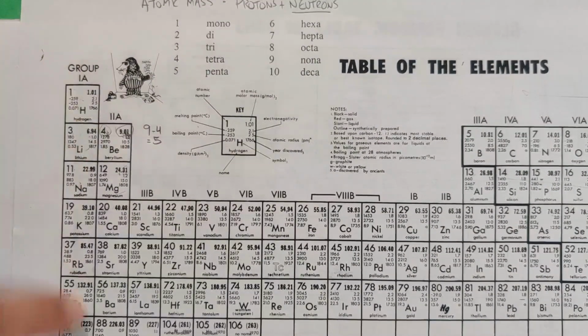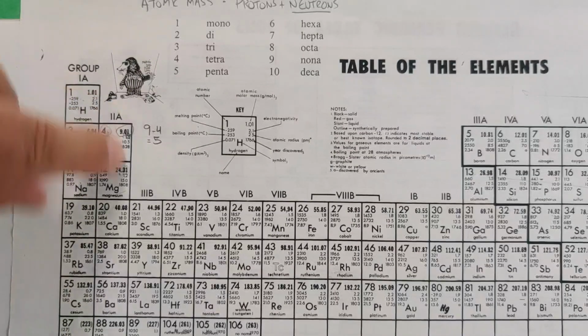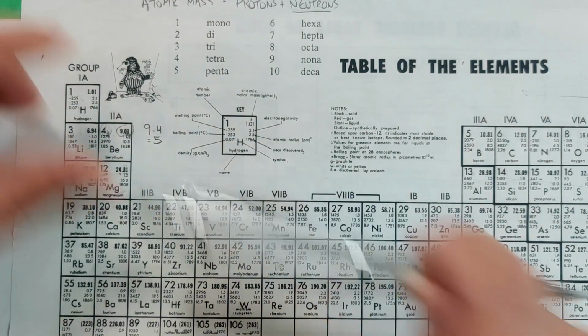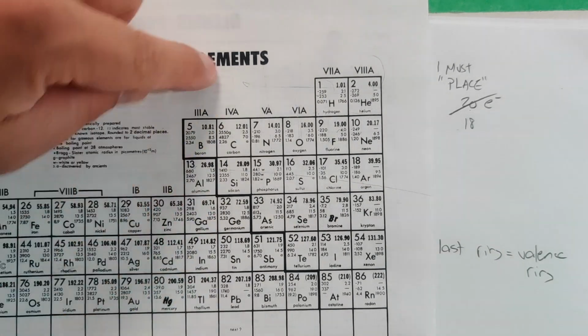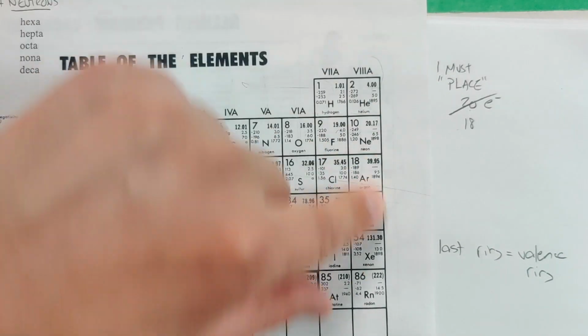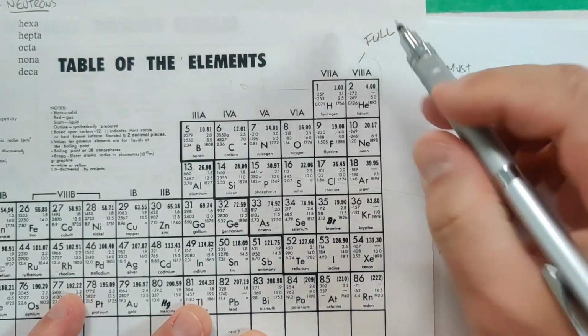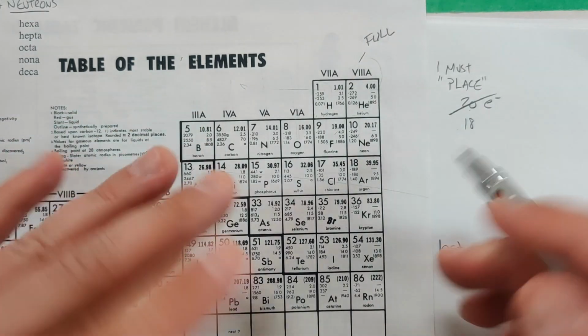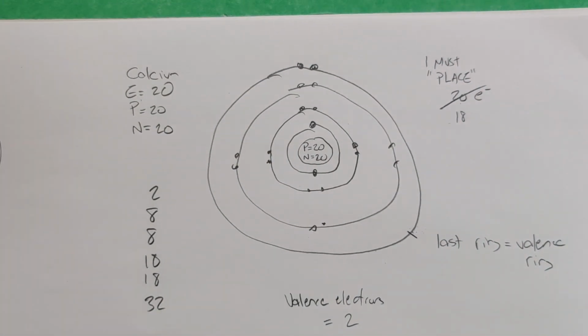Everything in this column has 1 valence electron. When you draw it out, everything in this column will have 2. Skip the middle. We don't really pay much attention to the middle. Everything here will have 3 valence electrons, 4, 5, 6, 7, and then this one doesn't always have 8. It always has full. So whatever the max is for that ring when you're drawing it, it will always be full. Kind of cool.